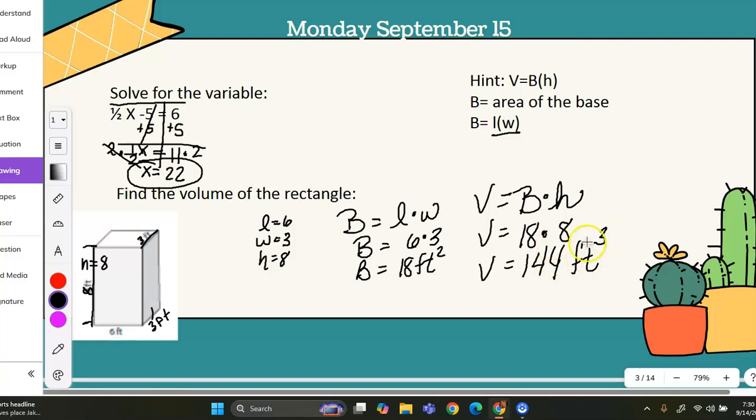And because it's volume, and I have 3 of them, I have 1 foot, 2 foot, 3 foot. It's cubed. I just want to make sure that 18 times 8 is 144. And it is. Okay, so if you did something wrong, please correct it. If you got it right, good job. Remember, area is squared, volume is cubed, so we have to put that to the power of 3.